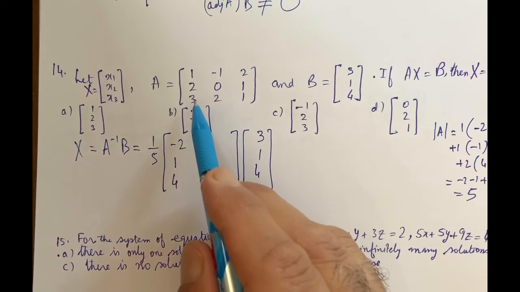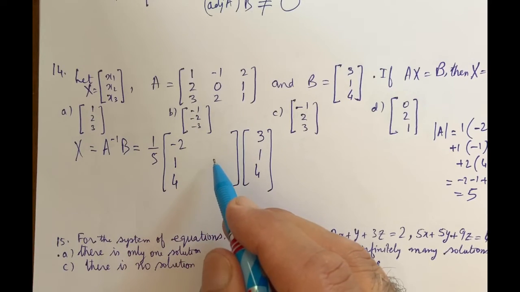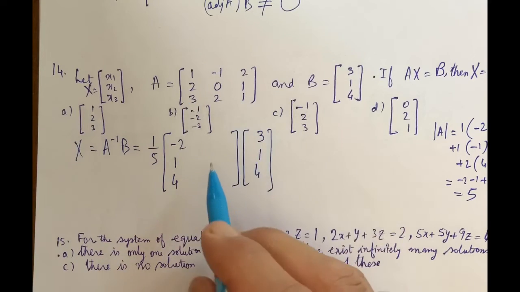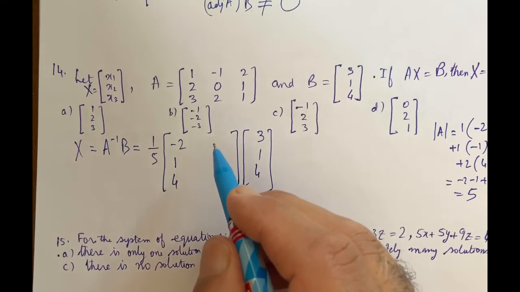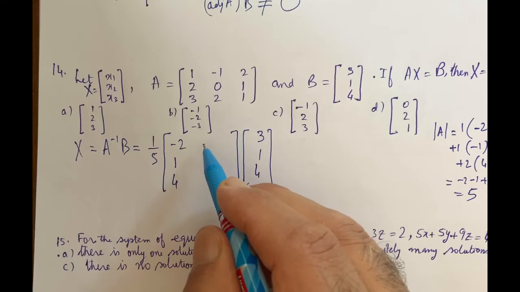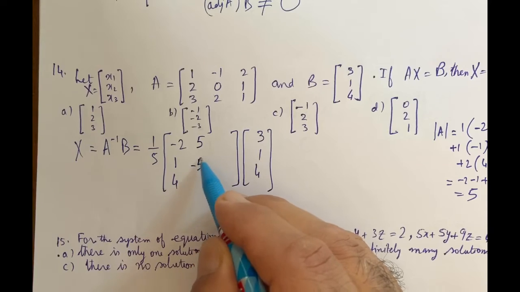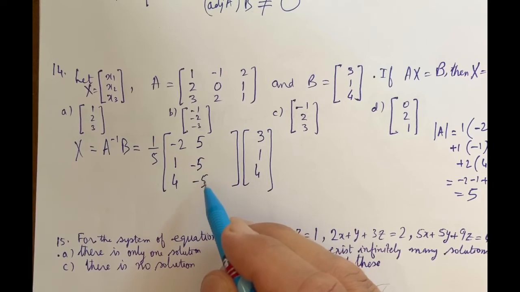For elements of the second row, for this we leave this and this, so this is minus 1 minus 4 minus 5, this will be 5, and this will be minus 5, and this is minus 5.